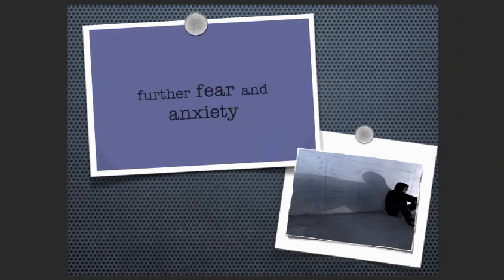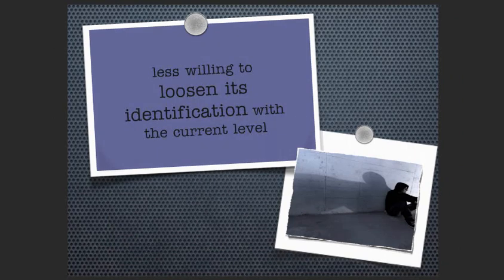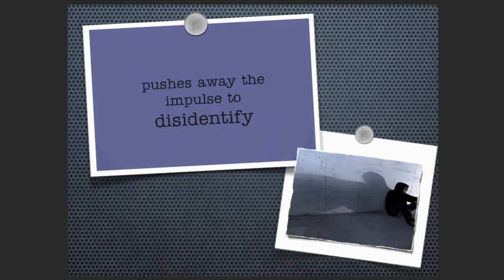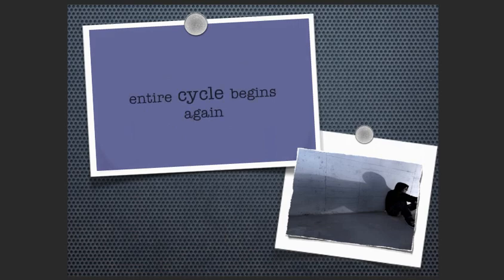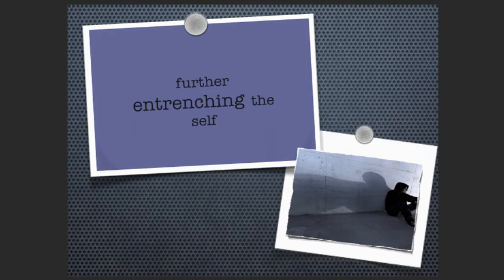This creates further fear and anxiety, which means that the self feels more threatened and less willing to loosen its identification with the current level. Therefore, the self once again pushes away the impulse to disidentify, and the entire cycle begins again, further entrenching the self into its current phase of identification.